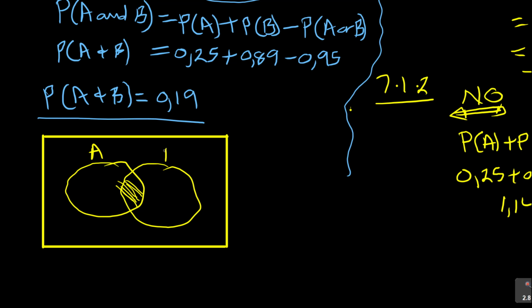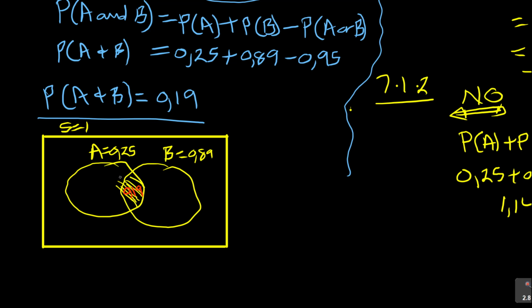This is my A, this is my B. This is my sample space, which is equal to 1 probability. So here A is equal to 0.25, B is equal to 0.89. This is probability. But here is your 0.19, A and B. Are you getting that?